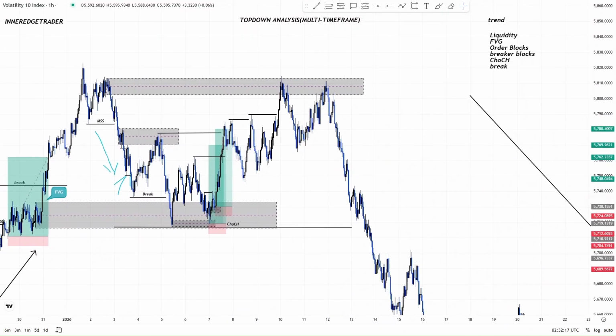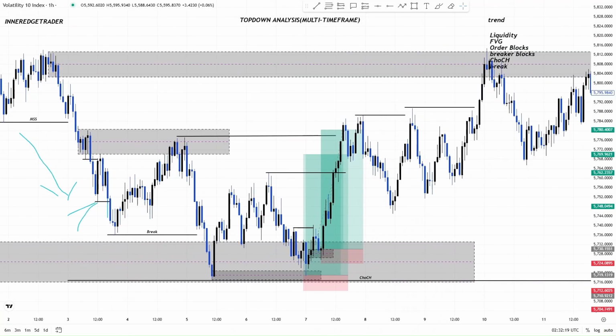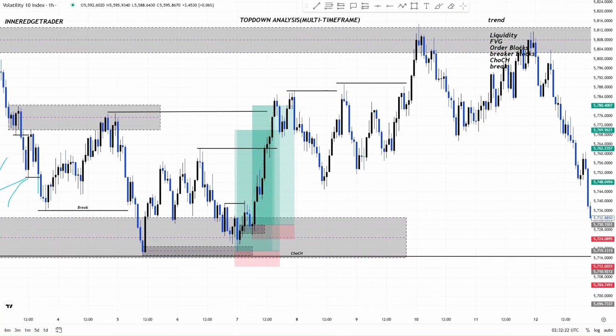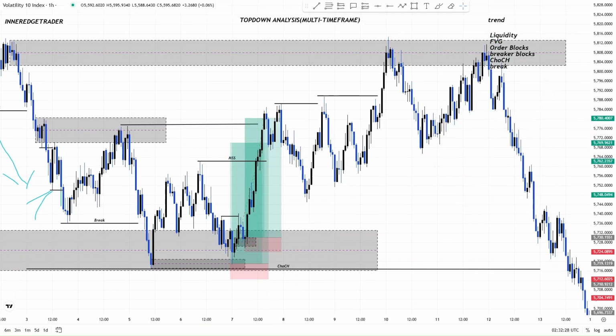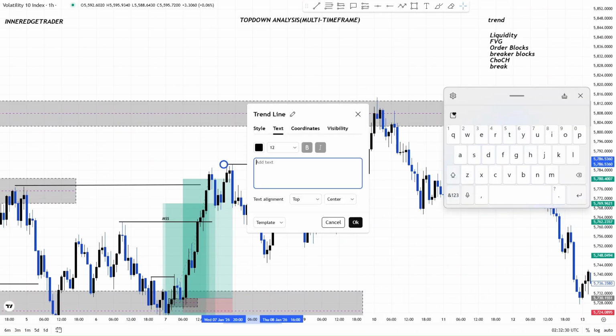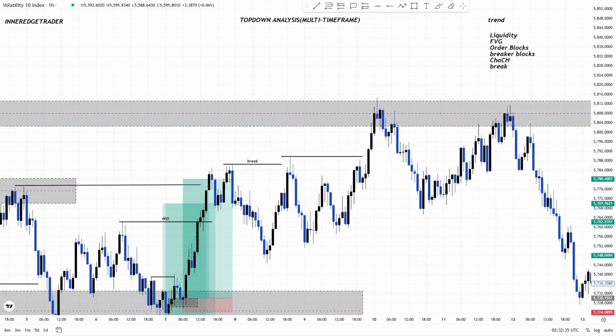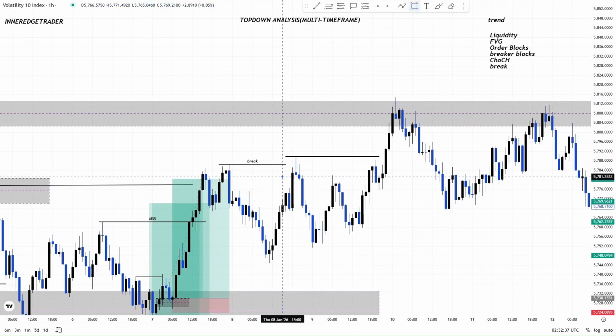What do you notice? It's a very easy way to notice. The market structure shift. I still knew the market is moving to the upside, so a break is definitely going to occur, retesting at the order block that has a fair value gap.